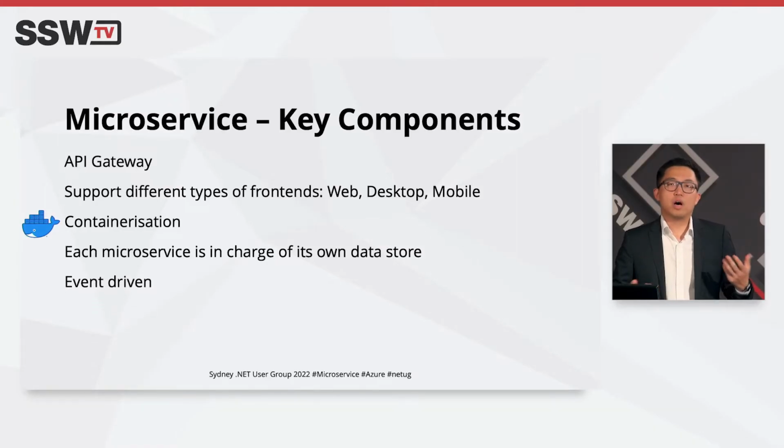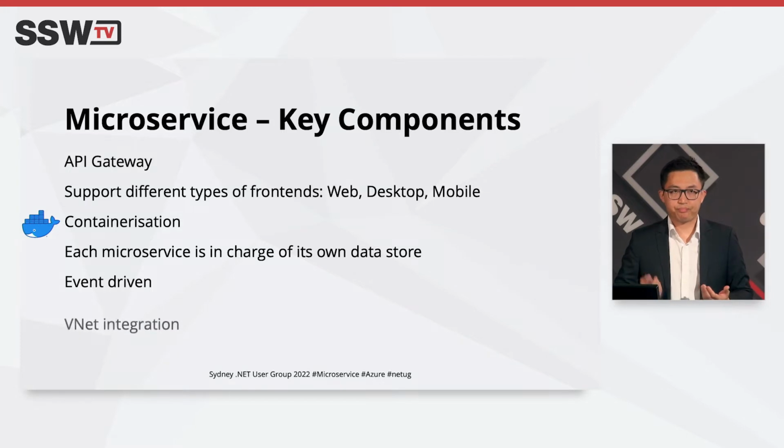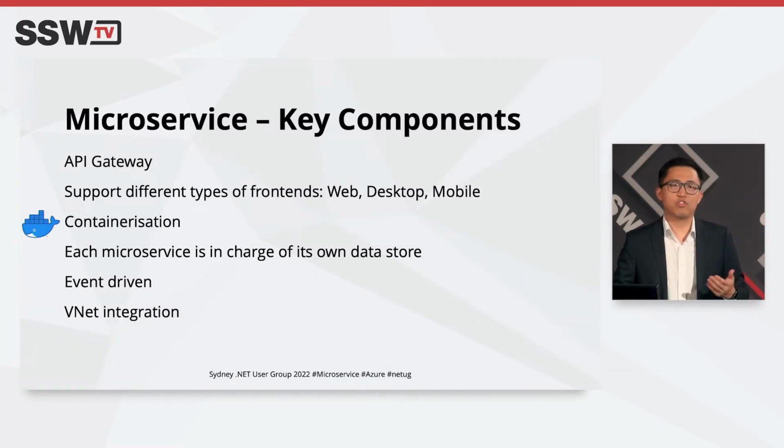And most of the time when we build our microservices, we want to follow an event-driven architecture or event-driven pattern. And I like to put a VNet around my microservice, which protects it from being accessed or being hacked by the public external world. And the communication between my microservices can be done on the barebone network provided by my hosting provider.